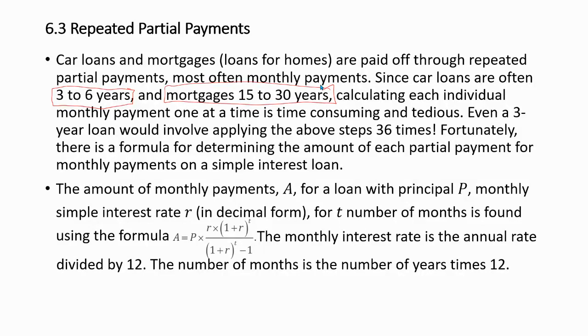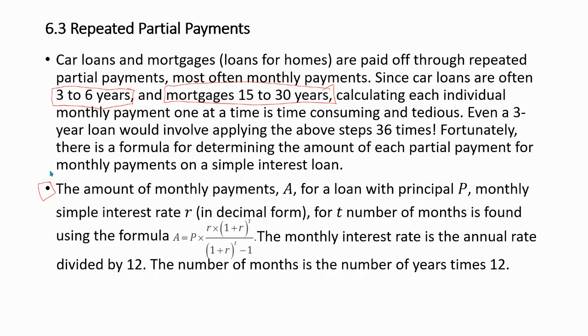And that's only on one loan. So we don't want to do that. That's just entirely too much. So we have another formula. We've got a new one here, and it's a pretty big one, a little bit on the scary side, but we will walk through this and we'll use that Desmos calculator to do this one.